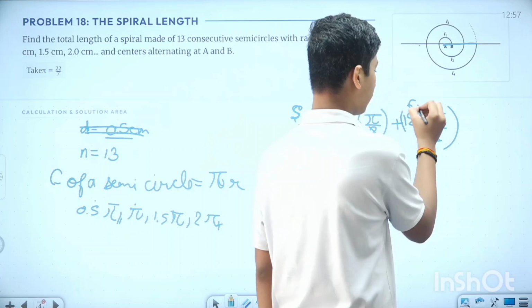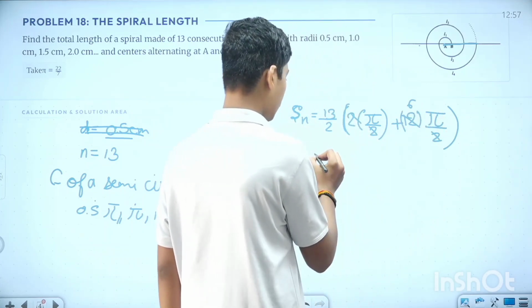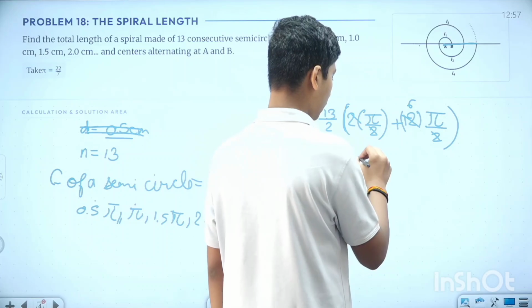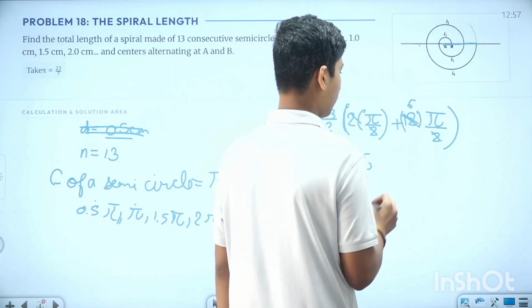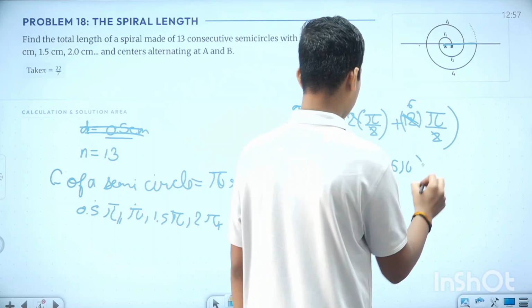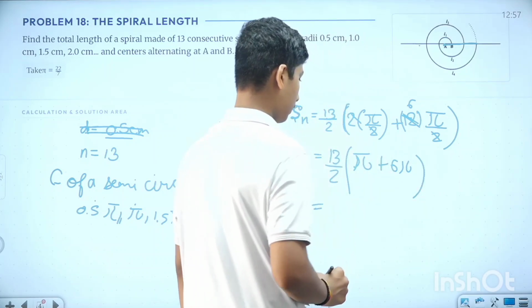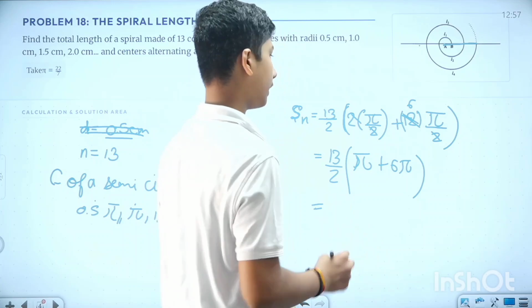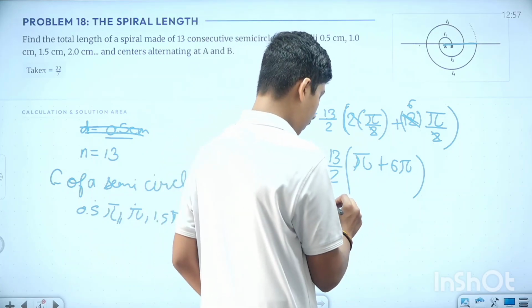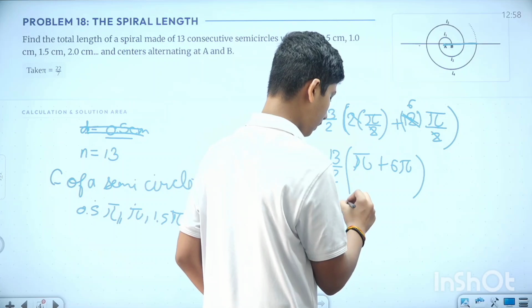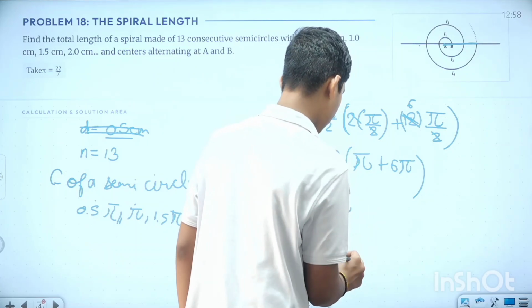Again cancel and this will be 6. So 13 by 2 bracket pi plus 6 pi, means 6 pi plus pi is 7 pi. 13 into 7, 91 pi by 2.